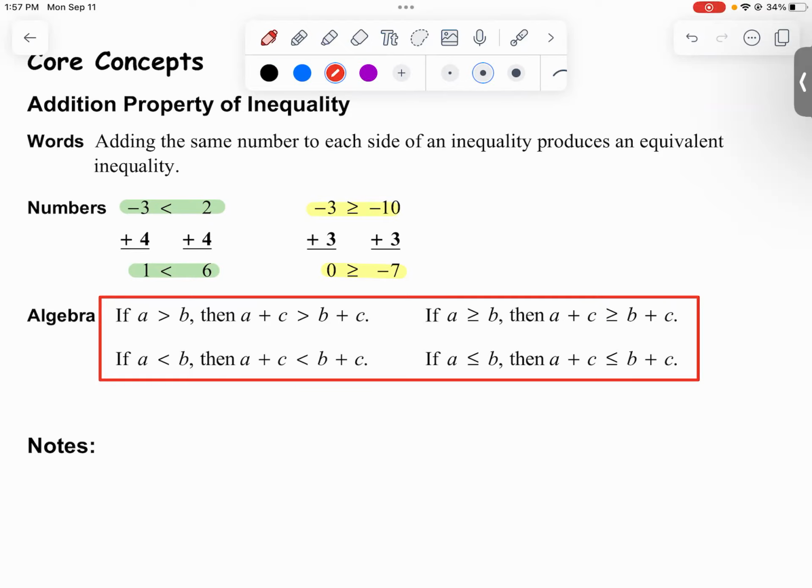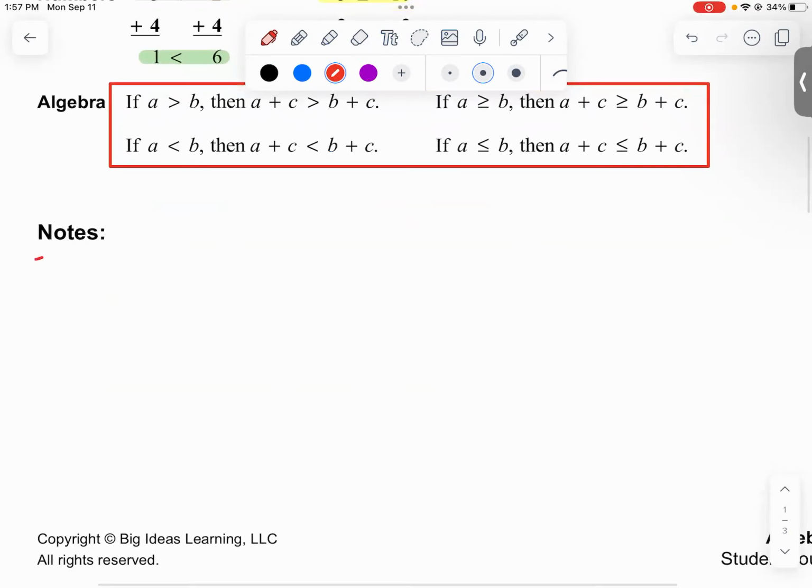What if we had an inequality like this? X minus 7 is greater than 10. Write it down. Okay.